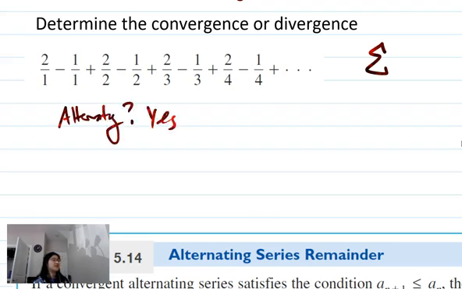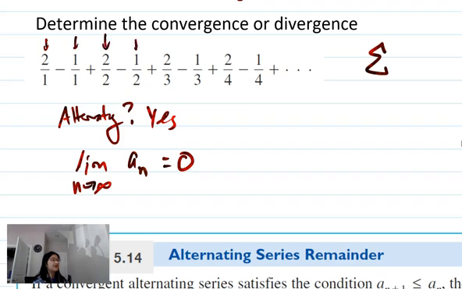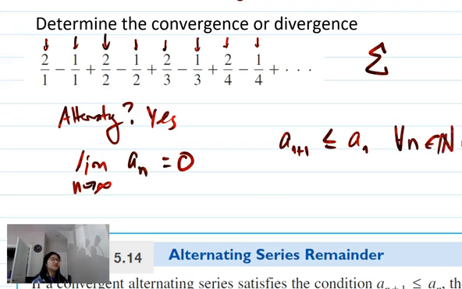Yes. Right? Positive, negative, and so on. Does the limit as n approaches infinity of a sub n go to 0? Well, our term values are 2, 1, 1, 1/2, 2/3, 1/3, 2/4, 1/4, and so on. So it looks like they are going to 0, but is a sub n plus 1 less than or equal to a sub n for all n, in our natural numbers?